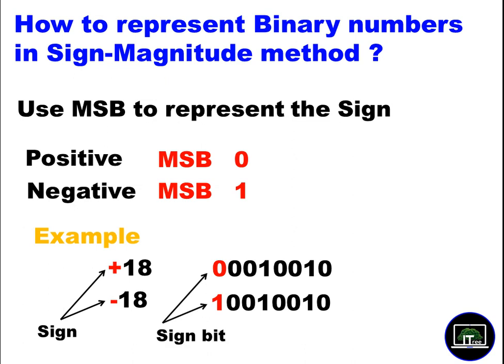Normally in binary we call this the sign bit because we use either 0 or 1: 0 for positive numbers, 1 for negative numbers. So whenever we look at a binary number, we can determine whether it is positive or negative by looking at the first bit, the MSB. If the MSB is 0, it's a positive number. If the MSB is 1, it's a negative number.